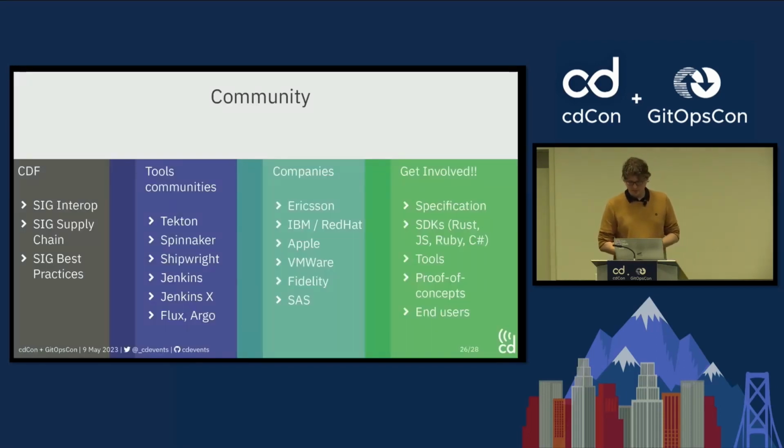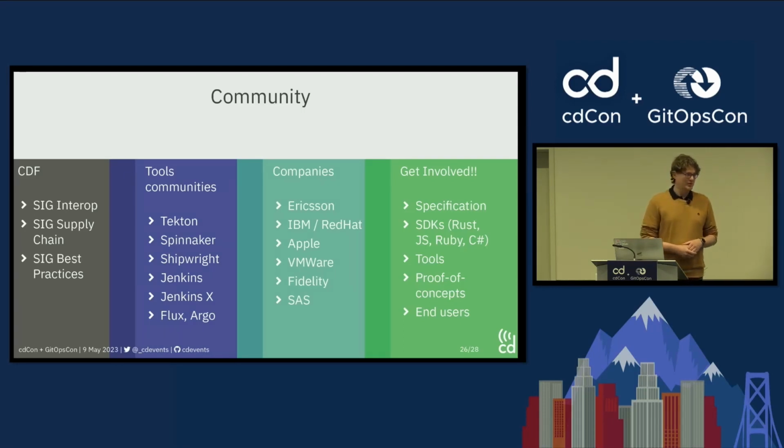I think I mentioned most of these in the community. In terms of contributing companies, we have Ericsson, IBM, Red Hat, Apple, VMware, Fidelity, SAS, and more people contributing. So it's growing, and everyone is welcome to join and contribute. We are growing, but we are still at a 0.x version and early stages.